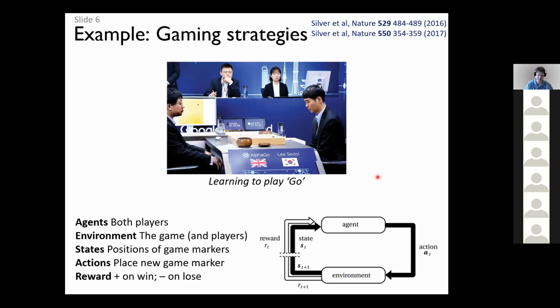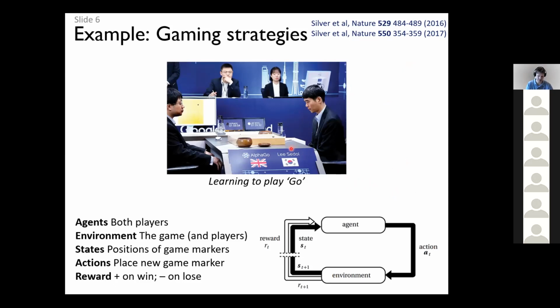So backgammon and chess and such games, there were already computer programs that were way better than humans, but until 2016, the best human player still was better than the best computer player.